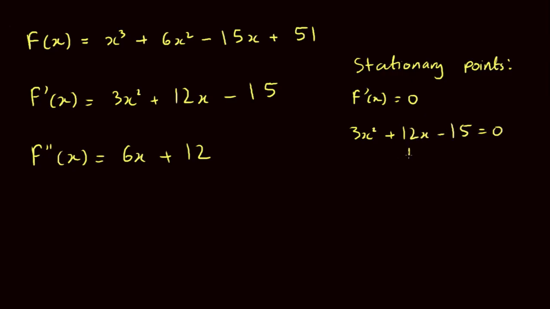Then we'll be able to get two values, x1 and x2. You can use a calculator or any quadratic formula technique to solve the problem, but I'm going to stick to the calculator for the sake of time and simplicity.